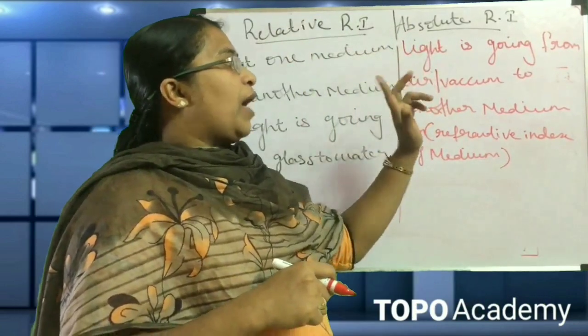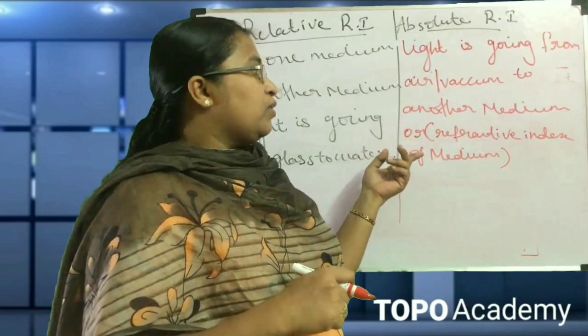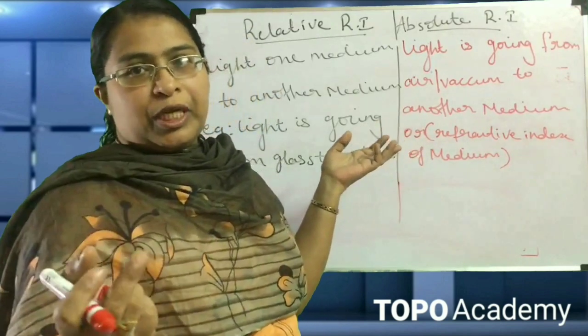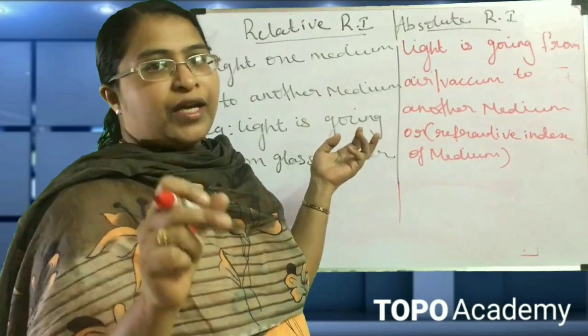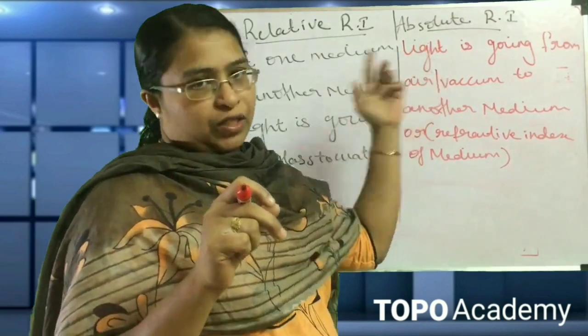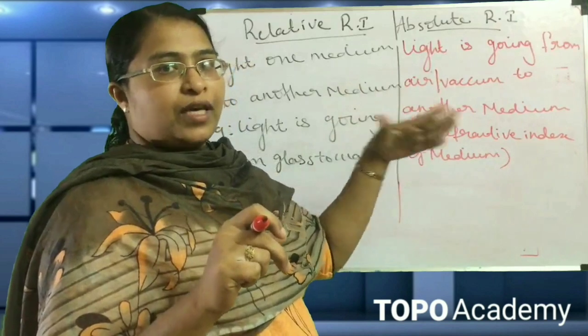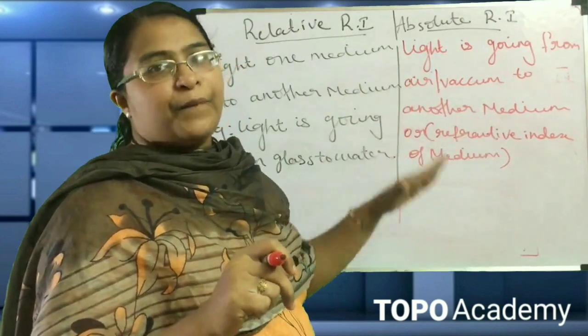When light is going from air or vacuum to glass medium, or from air or vacuum to water medium, in that case the refractive index is known as absolute refractive index, or we can simply say it is the refractive index of the medium.